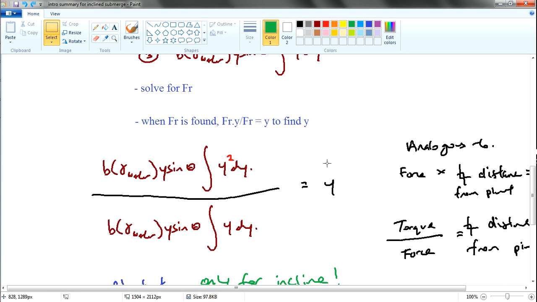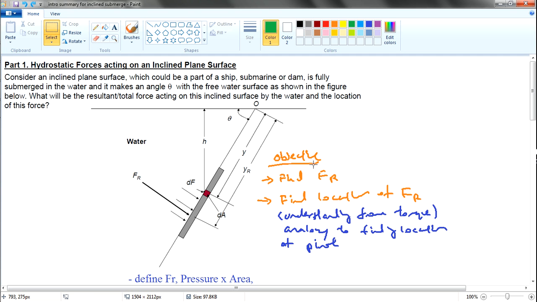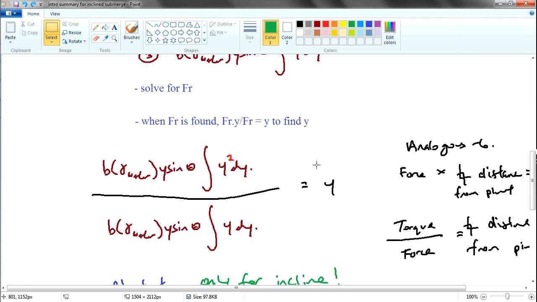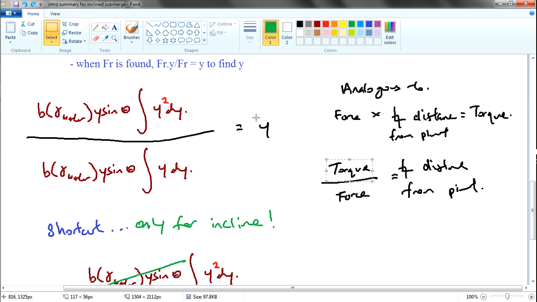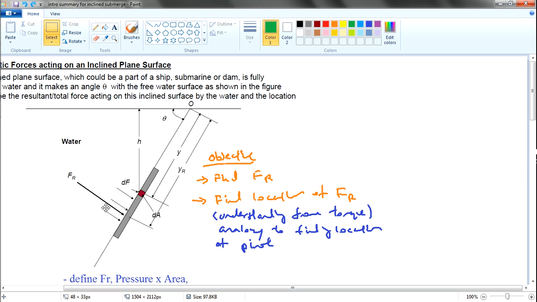Your objective is to find the force and the location of the force. So you use the relationship of torque, where this is the force applying onto a perpendicular distance, where the pivot itself is on the origin. So this is the perpendicular distance from the origin, and this is the force.